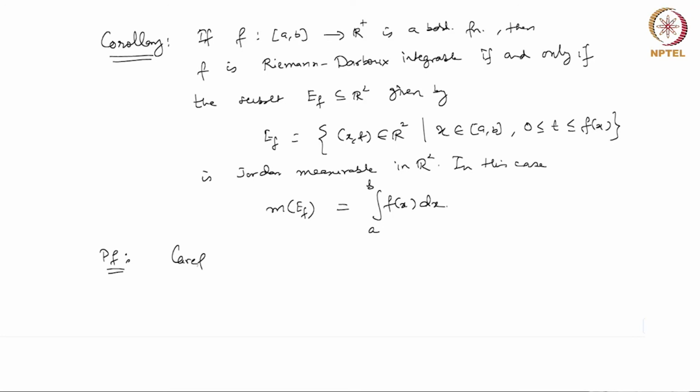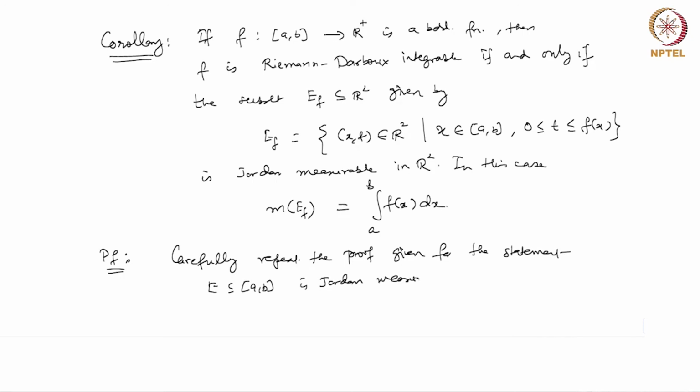So you have to carefully repeat the proof given for the statement that E subset of [a,b] is Jordan measurable if and only if the Riemann integral of the indicator function exists.